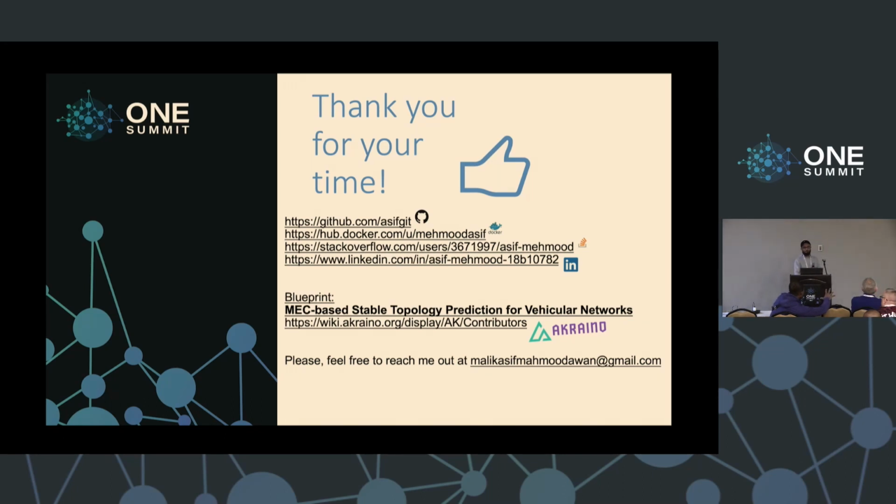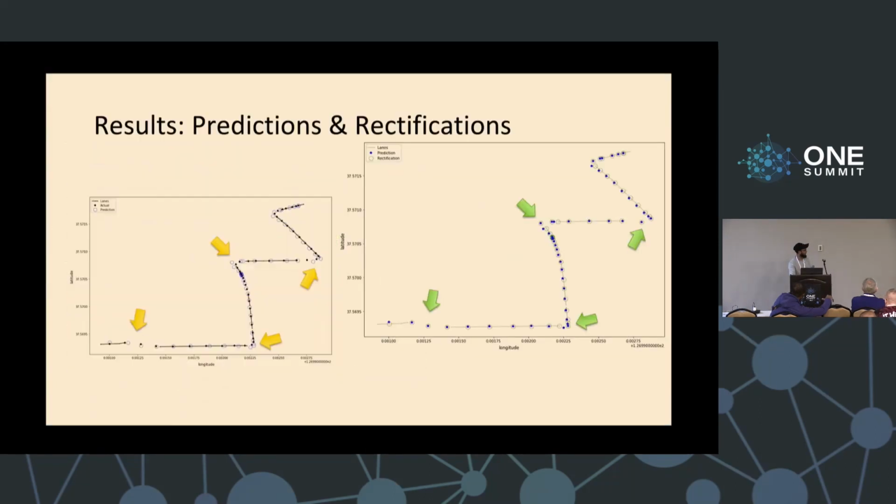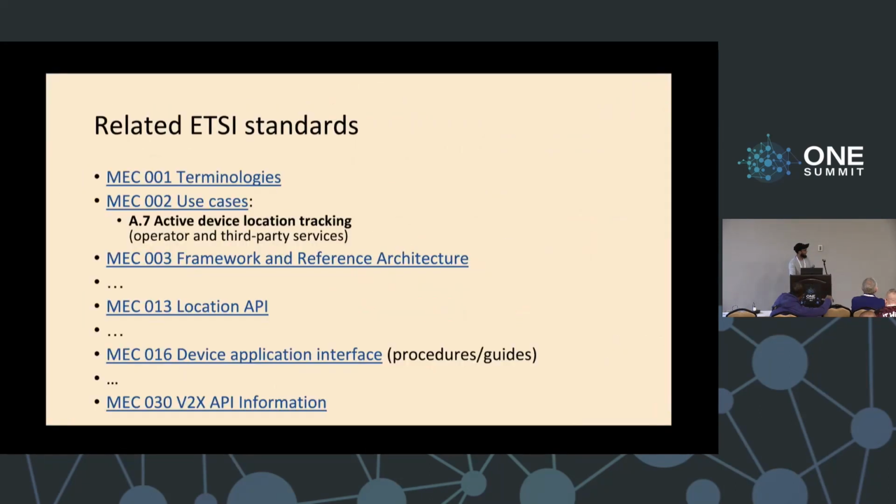I didn't get it, but what is the usage of the prediction? To improve the accuracy of the prediction. Actually, the vehicles need to share their real-time location for different use cases that I mentioned on the first page.